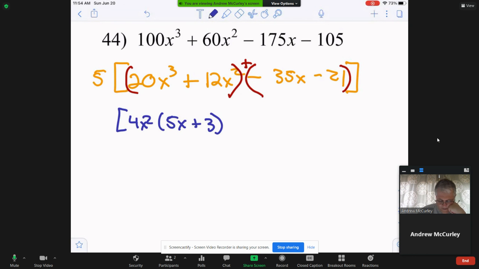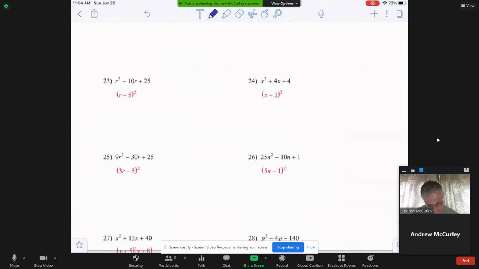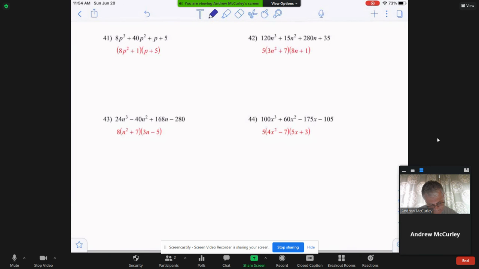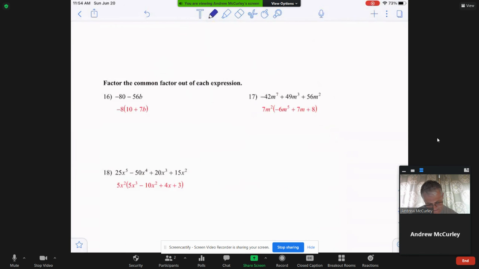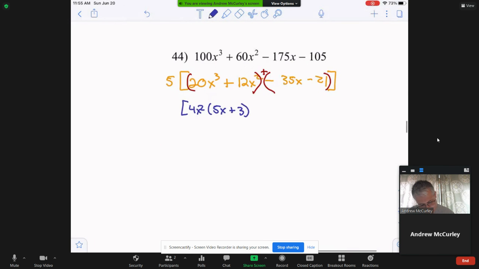You know what? This one does not factor. It looks like it should, but it doesn't. 4x squared, 5. What did I do wrong? I did something wrong. I hate to say this, but I like this when I make mistakes because it makes it a good lesson.